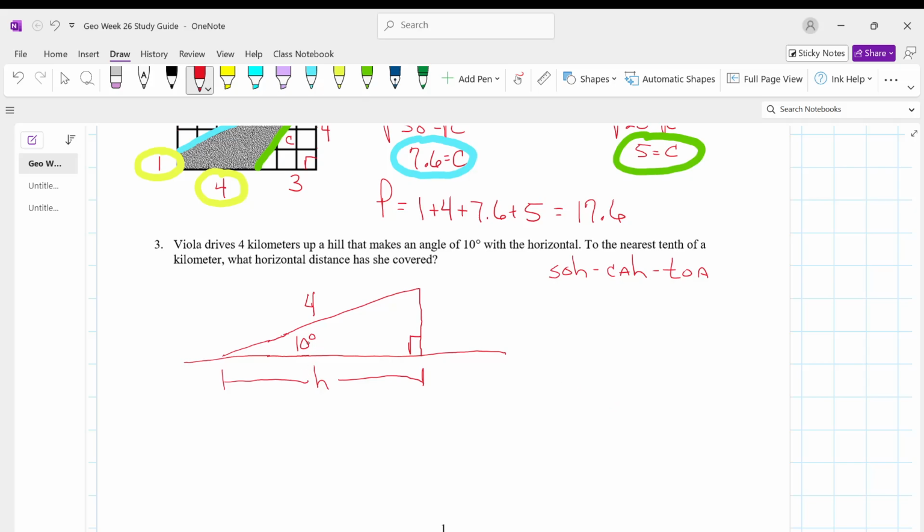So in relation to this 10-degree angle, we have the hypotenuse, and we're looking for this horizontal distance. So this is adjacent and hypotenuse. Cosine equals adjacent over hypotenuse. So cosine 10 equals the adjacent side over the hypotenuse.